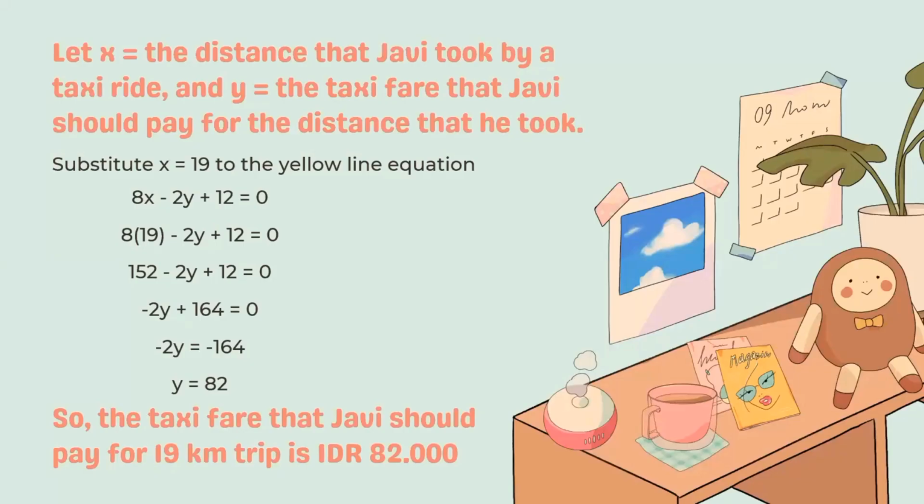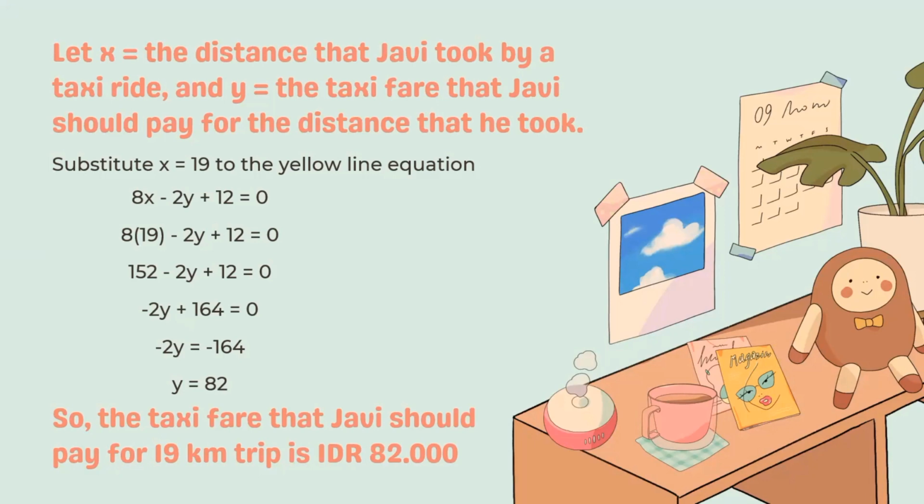And now, let x be the distance that Javi took by taxi ride, and y be the taxi fare that Javi should pay for the distance that he took. And we already know that the distance that Javi took by taxi ride is 19 kilometers. So we get that the value of x is 19. And let's substitute x equals 19 into the line equation. So 8 times 19 minus 2y plus 12 equals 0. 8 times 19 is 152, minus 2y plus 12 equals 0. 152 plus 12 is 164.